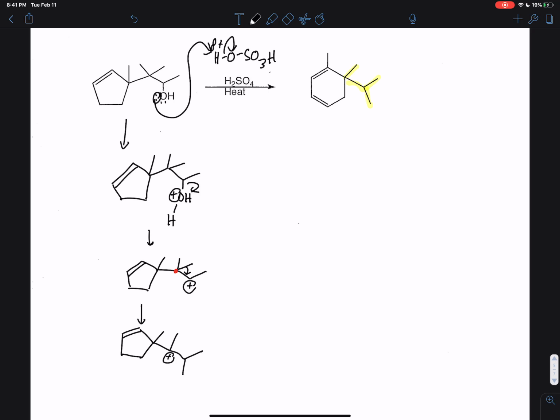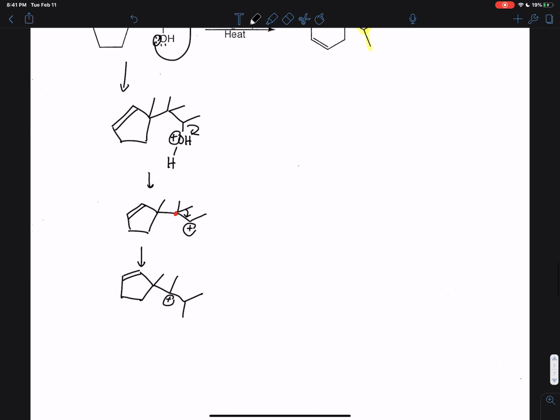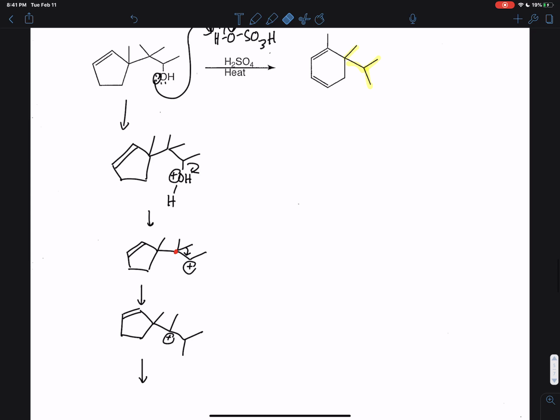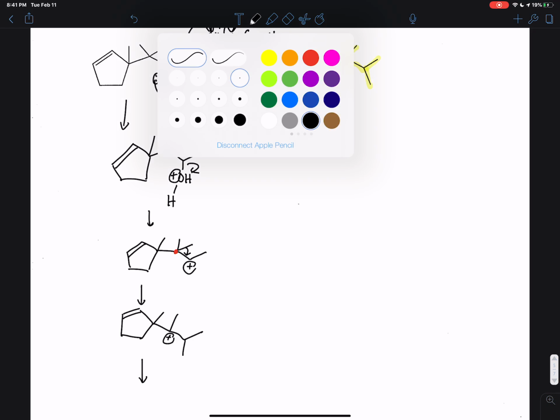We're all good? Okay, so then what we want to do is form that 6-membered ring that we see in our product, right? So now what can we do? Ring. Yes. So I will number this for you. Maybe that will help. Do you guys want me to number it?